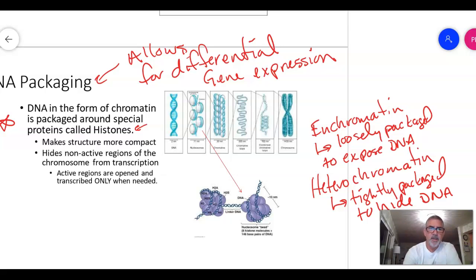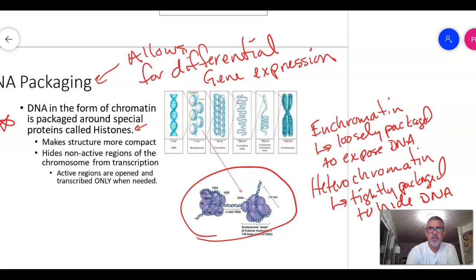So if you look, we have DNA, right? We have nucleosomes. So this would be a picture right here of a nucleosome, right? Because I have histones and DNA, right? Chromatin, right, would be just the loose package.